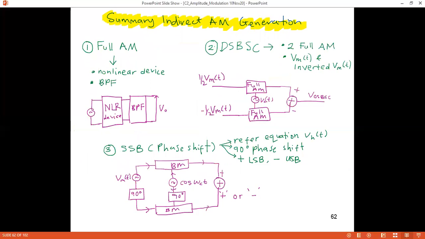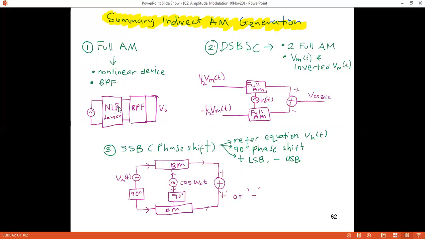As for the indirect method, we can use nonlinear devices or full AM modulators or phase shifting methods. Okay, for full AM, indirectly we use the nonlinear device and band pass filter.